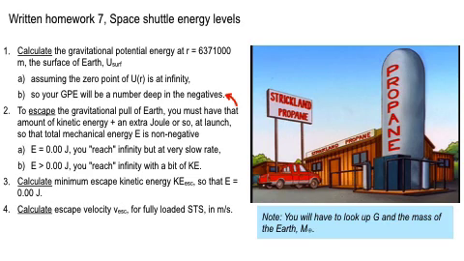So calculate that, and then from that calculate the escape velocity for the fully loaded STS. Again, I'll give you the proviso that the fully loaded STS does not go to orbit. It jettisons everything except for the space shuttle. But we'll just assume that the entire kit and caboodle is going out there to infinity.